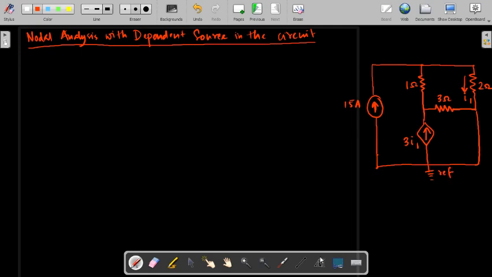So this one is the circuit over here where you can see the dependent source.